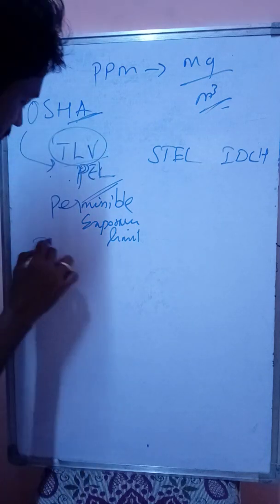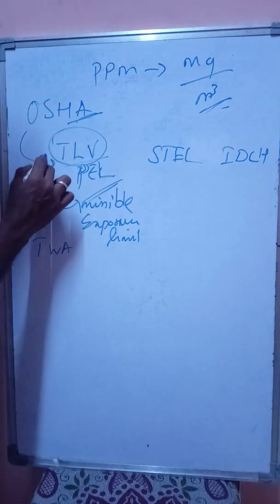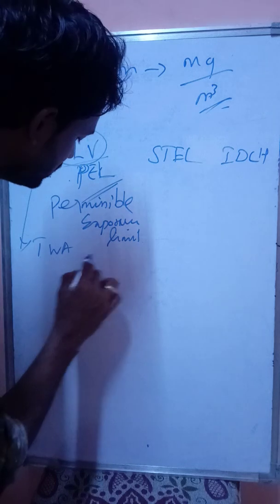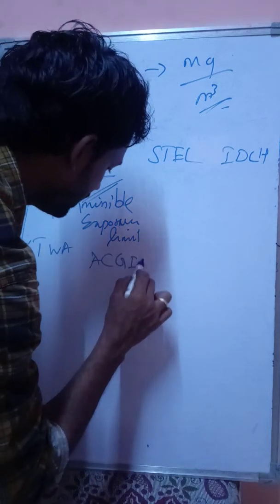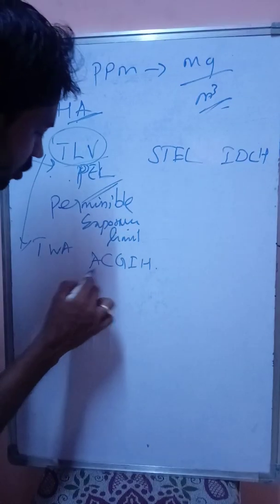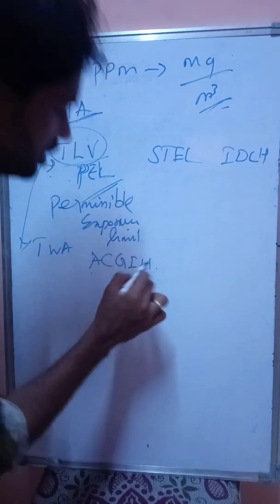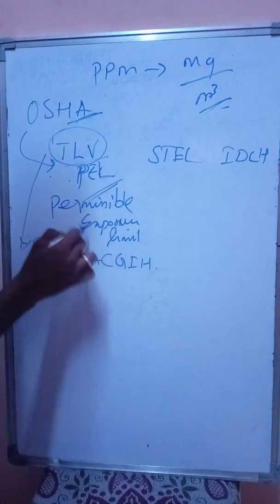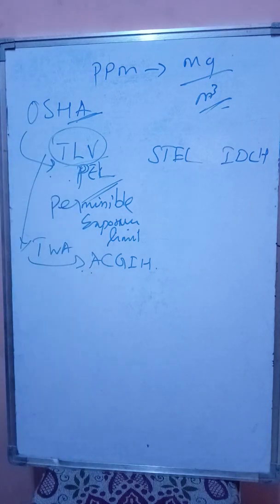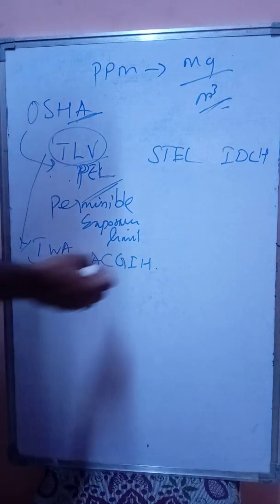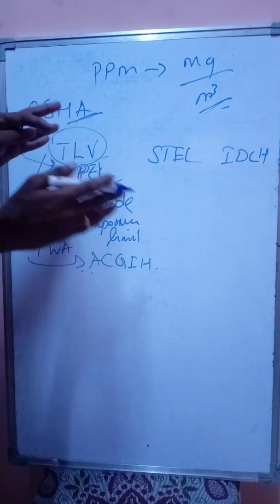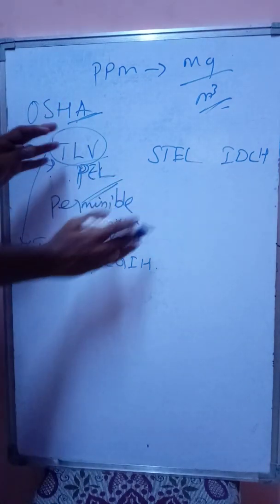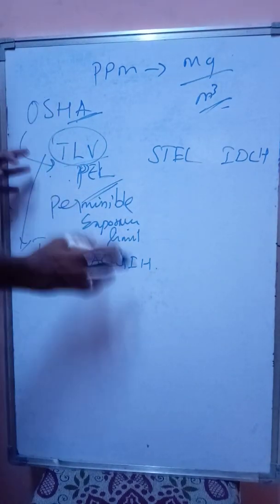We can call this TWA also. These terms are designed by ACGIH, the American Conference of Governmental Industrial Hygienists. This team derived the term TLV or TWA, the time weighted average. Both are similar, but these organizations have their own standards.